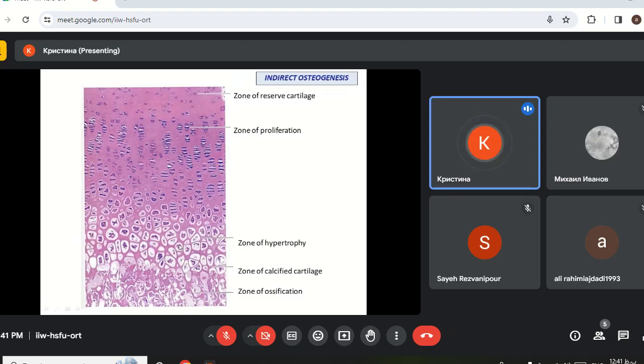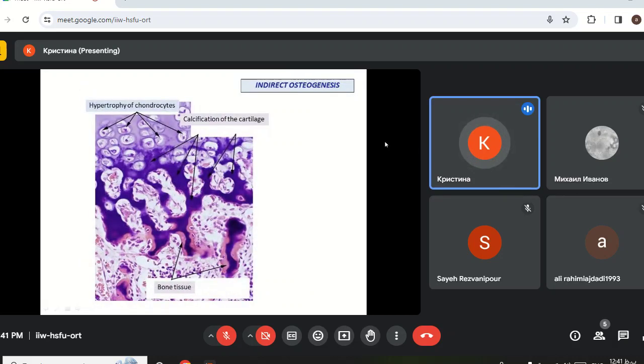It's the sign of their death and degradation. Here the zone of calcified cartilage because of the calcification of the extracellular matrix. And next the zone of resorption and ossification. Resorption means breaking down of cartilage. Ossification means the formation of the bone tissue just around the remnants of the calcified cartilage.